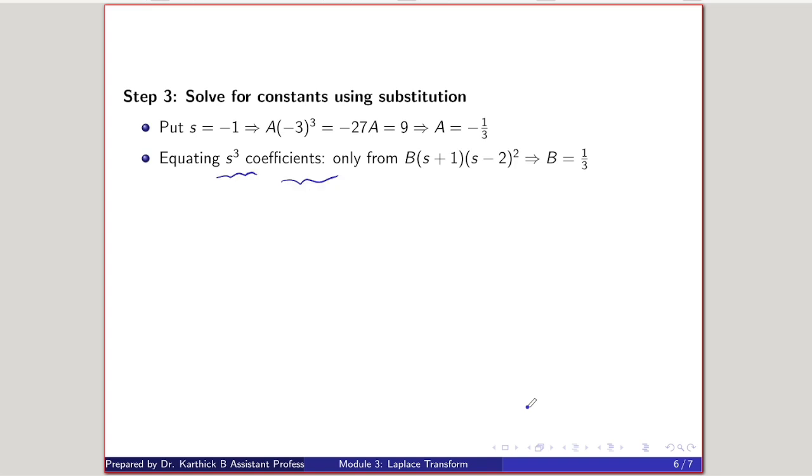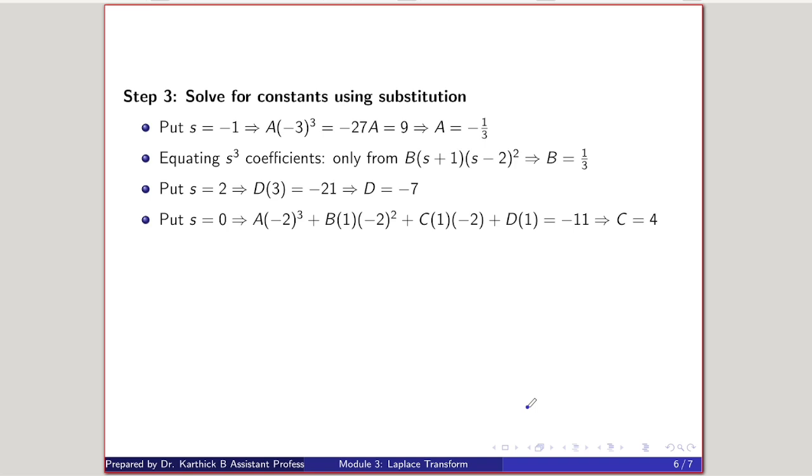With this we can find the value of B while equating the coefficients of s cube, and we already know the value of A. On substituting, we get the value of B as 1/3. Next, if I equate s equal to 2, I will get the value of D. Then we can equate s equal to 0, because we already found A, B, D, and I get one equation. By substituting those three values, I get the value of C equal to 4.